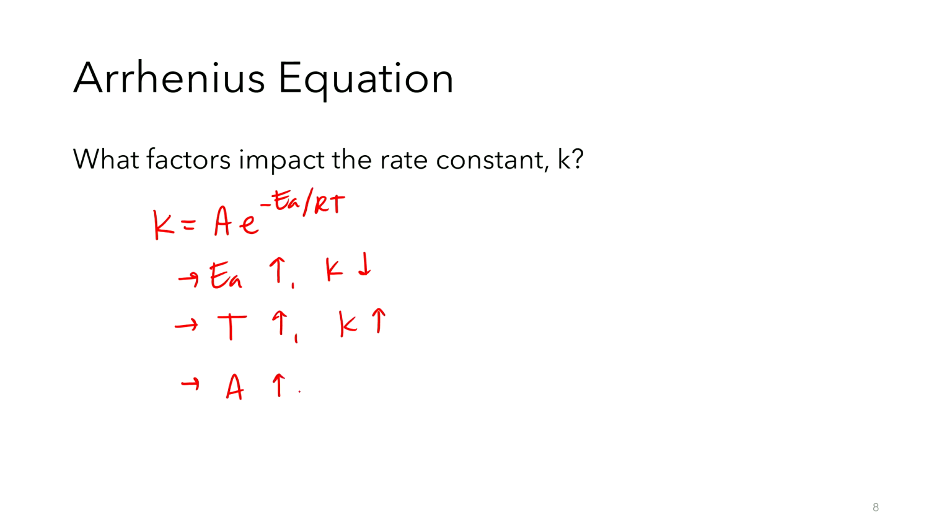A goes up, K goes up, all right? Importantly, you will not, on the exam tomorrow, say that K is impacted by concentration. The concentration of the reactant does not show up in that equation. So changing the reactant concentration has no bearing on K.